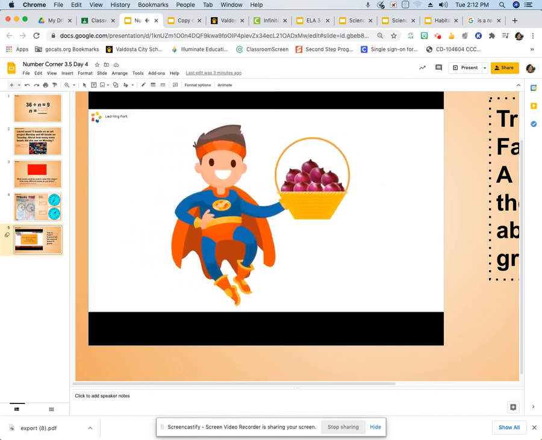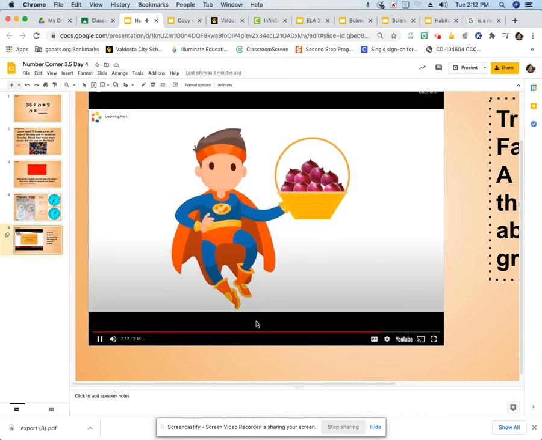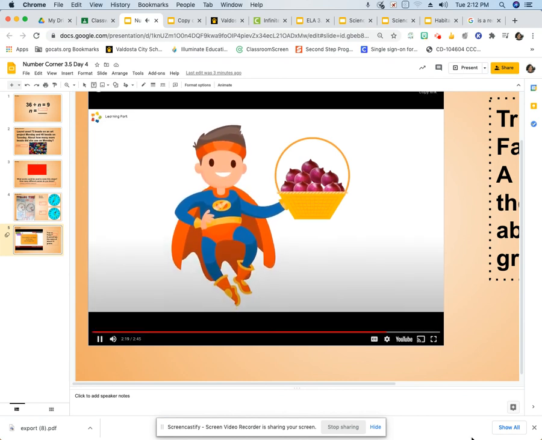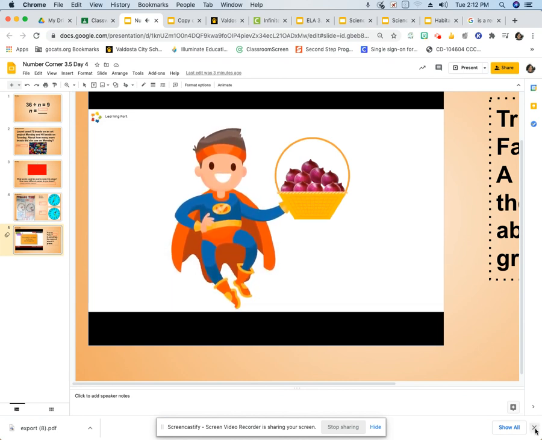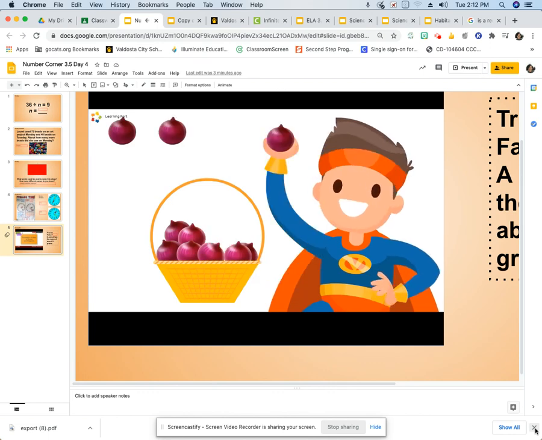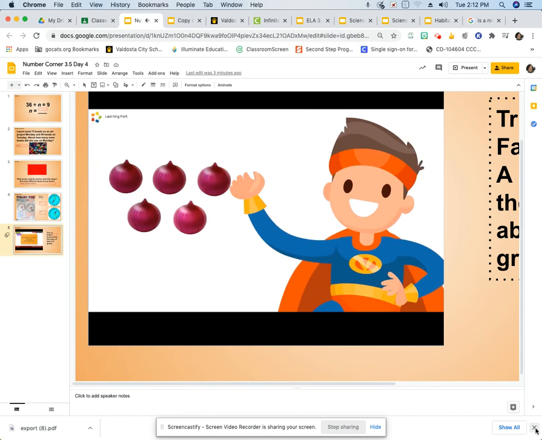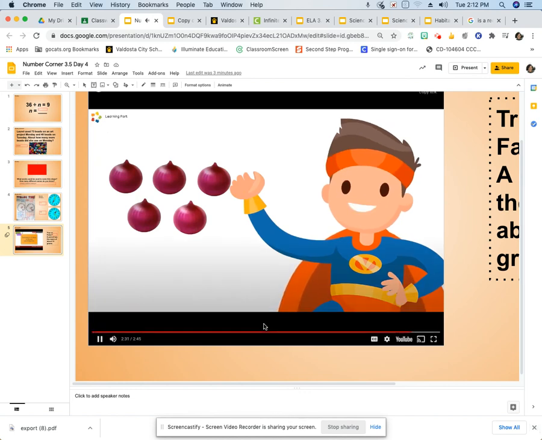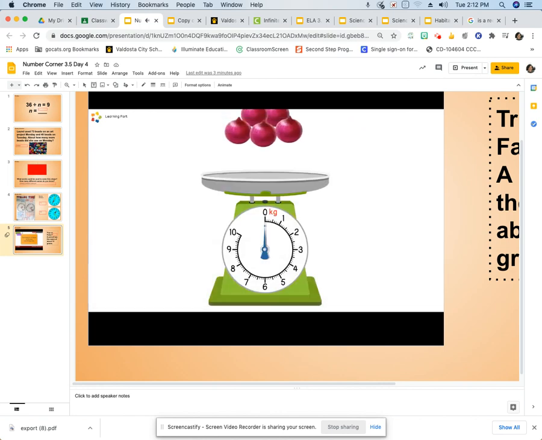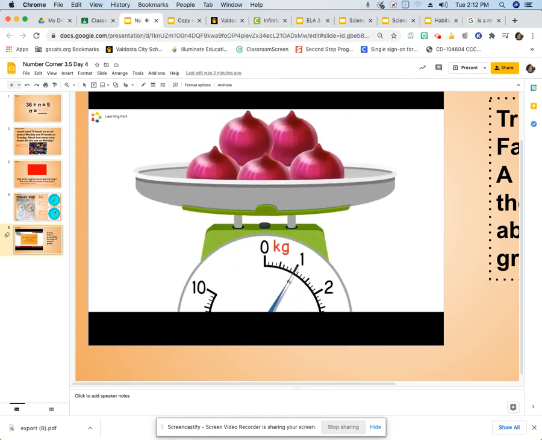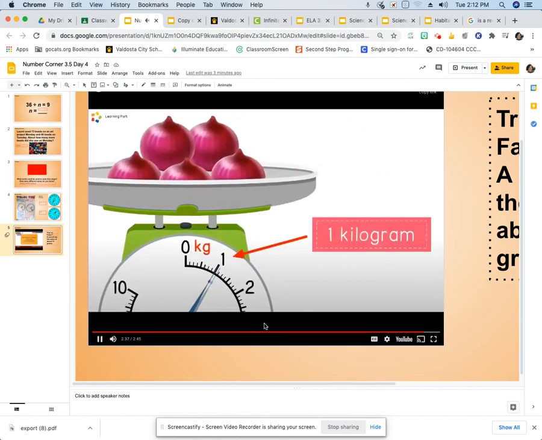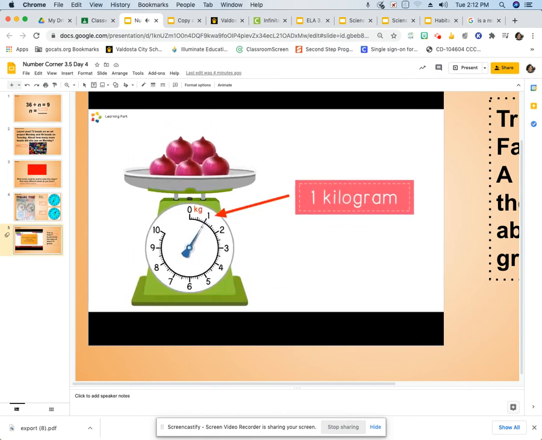Help me estimate 1 kilogram of onions. Say stop when I am ready. Stop. Okay, let's try weighing it on the weighing scale. That's right. It's around 1 kilogram. Congratulations! You are an expert at estimating mass.